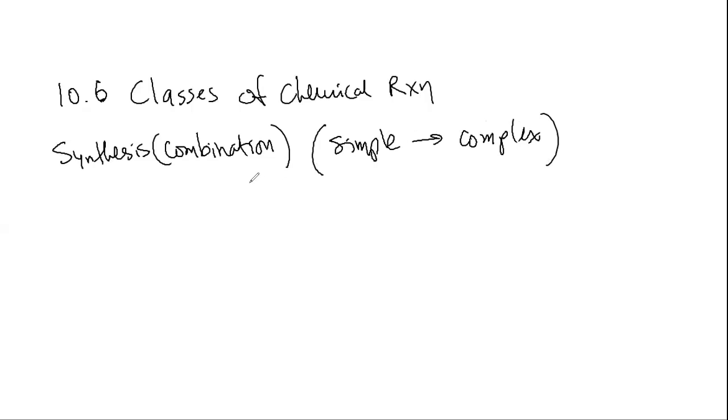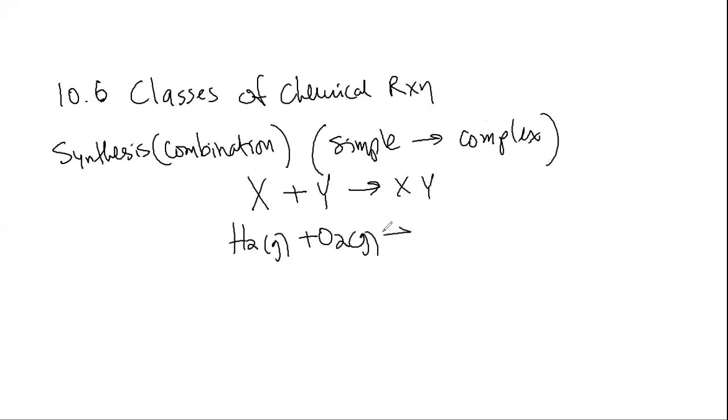So a typical combination synthesis reaction will be some element X reacting with element Y, producing a compound XY. And one of the examples, guys, of this synthesis combination reaction was when you did H2 in the previous videos plus oxygen gas producing H2O liquid.